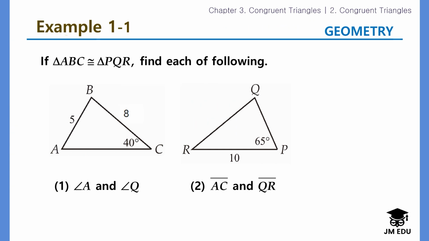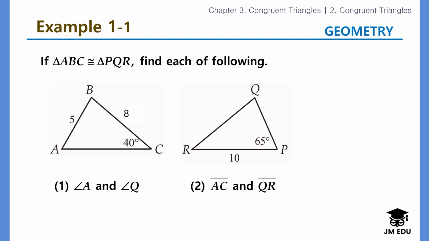Now let's try example 1-1. If triangle ABC is congruent to triangle PQR, the question is to find each of the following. So we have two triangles congruent to each other, right?